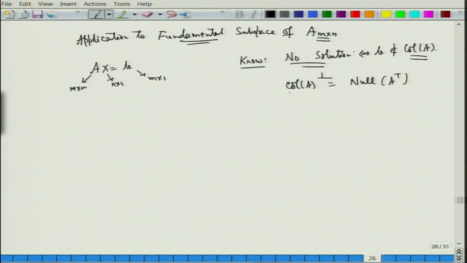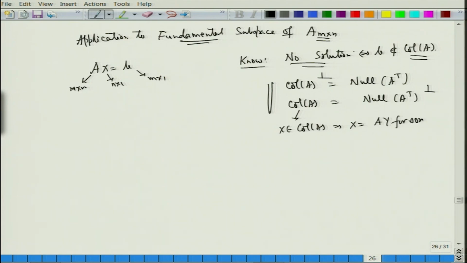And why did we do that? Which is the same thing as saying that the column space of A perp is equal to the null space of A transpose. Whichever way you want to understand it. We had proved this part. Recall here, take any x belonging to the column space of A. This will imply that x is equal to A times y for some y belonging to Rn.